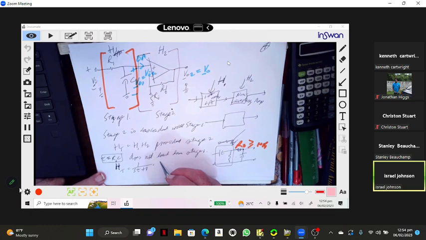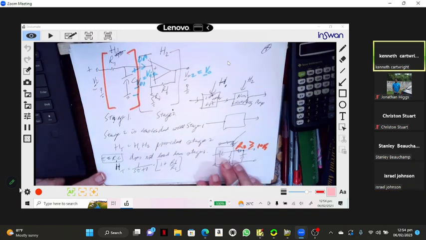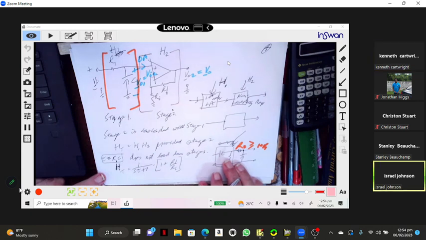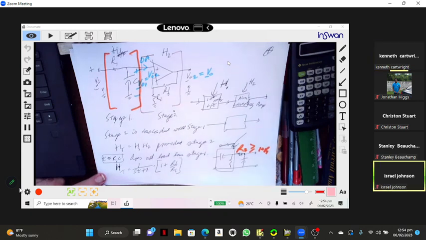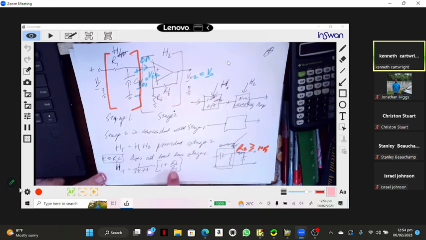It's 1 plus RF over RI. There's your total transfer function right there. And what's that? That's just the gain times the low pass filter.